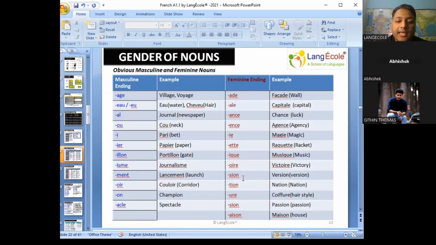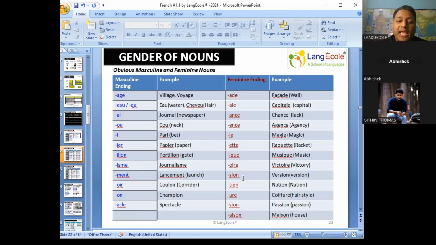ZION, SION, version, then TION. All these ION endings will mostly be feminine: nation, passion, maison, version. All these are ION endings, except in some cases, like champion, which is not feminine.